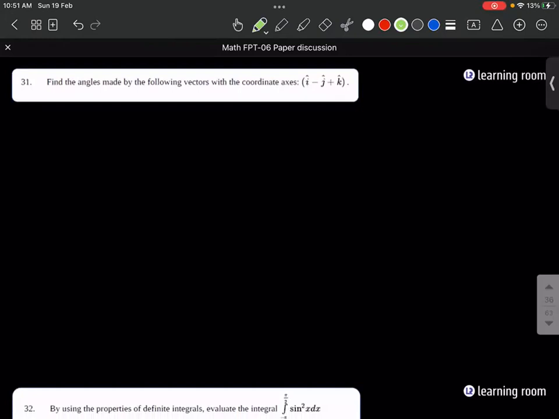Find the angles made by the following vectors with the coordinate axis. So cos theta is equal to 1 divided by root 3. With x-axis, if I call it alpha, cos alpha is 1 by root 3. Cos beta is minus 1 by root 3.